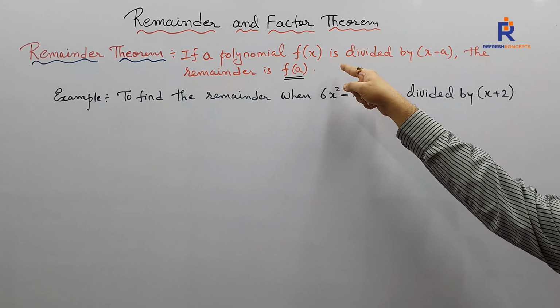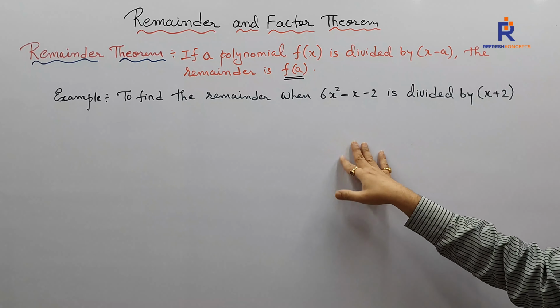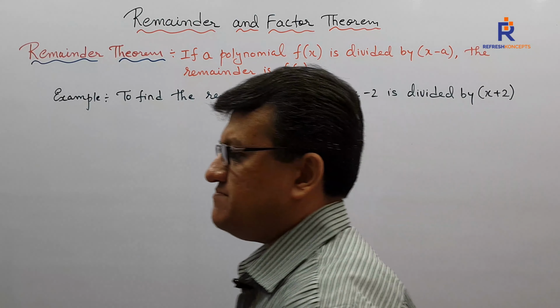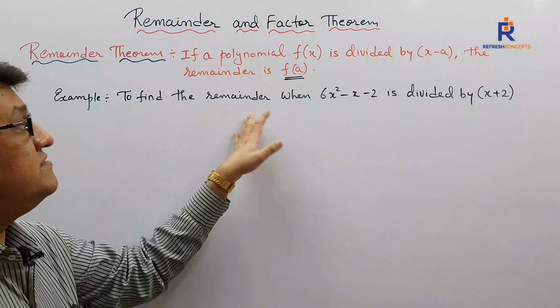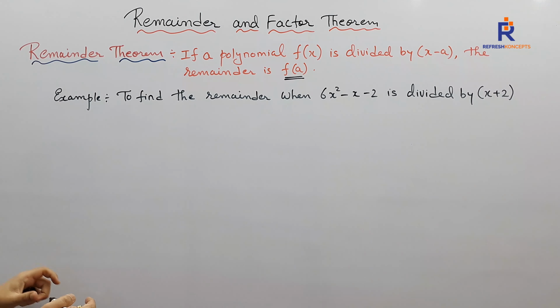When a polynomial f of x is divided by x minus a, the remainder is f of a. Let me make you understand by solving this sum. We have a polynomial f of x getting divided by x plus 2, that is a binomial.